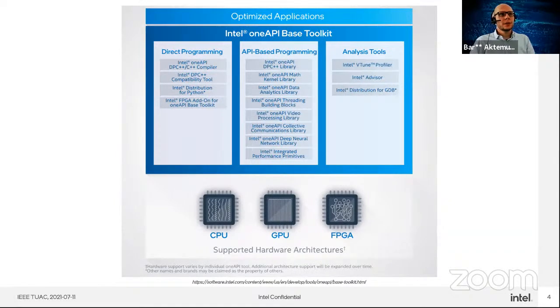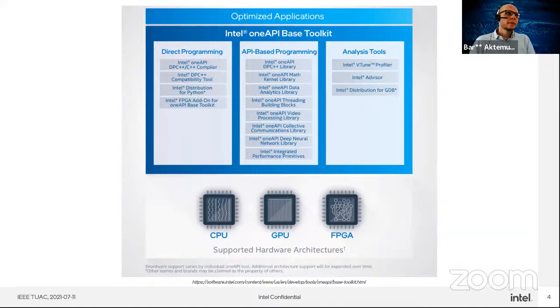These optimized applications will be running on CPUs, GPUs, or accelerators. And One API provides the thing that's here in the middle, the big blue box. This box presents the contents of One API-based toolkit. And by running applications on One API, the goal is that the users will be able to utilize a variety of architectures in an optimized way.